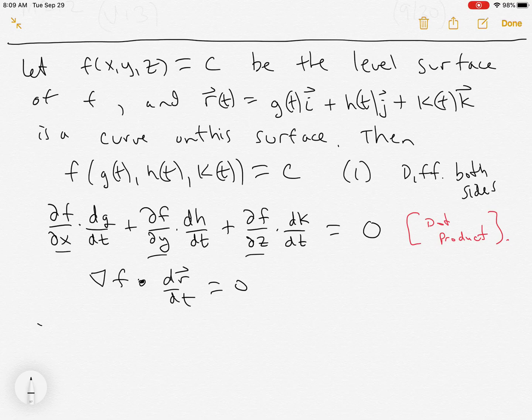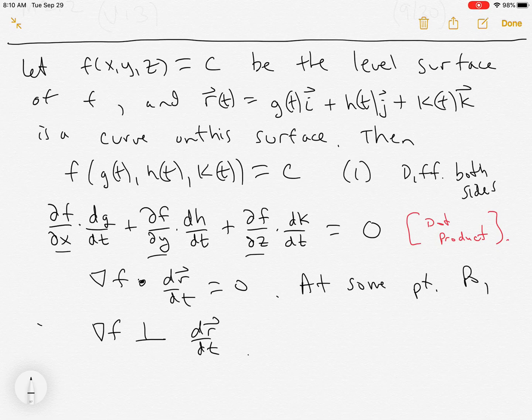So at some point P naught on the curve, del f is orthogonal to dr dt, right?